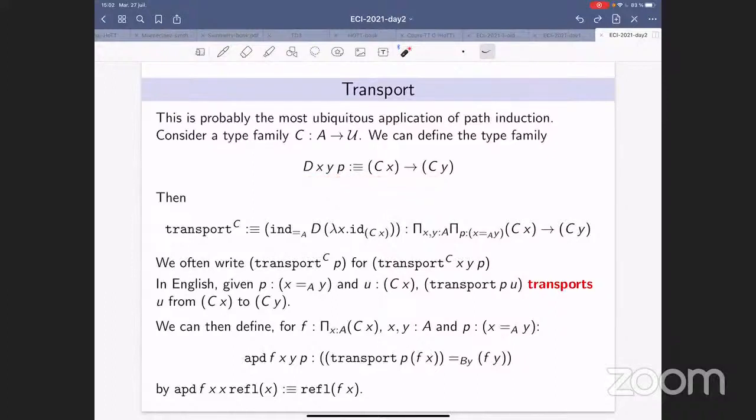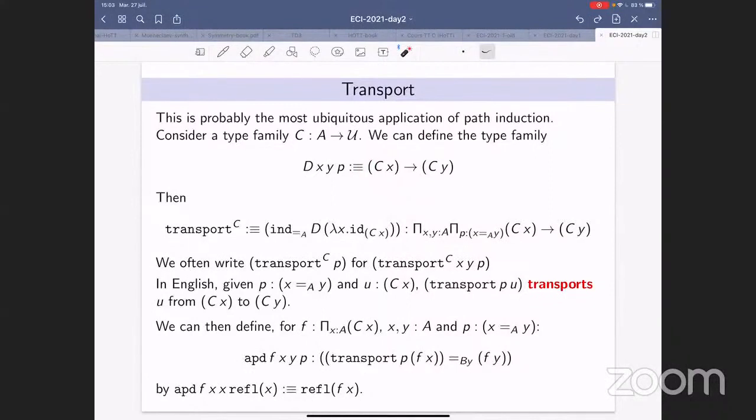And now in order to apply the induction principle, we need to find a function that takes an X and goes to DX refl. Because Y is repeated and it's just X, we need to find a function from CX to CX. But there is one, the identity.